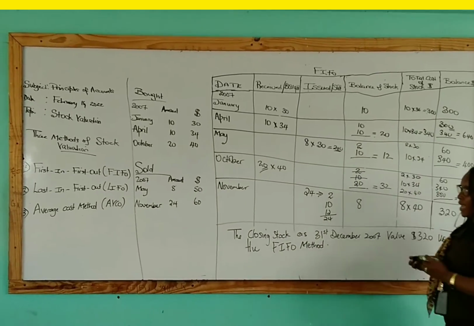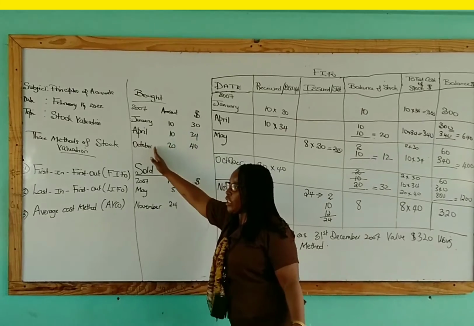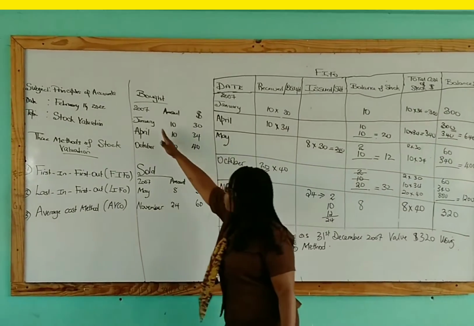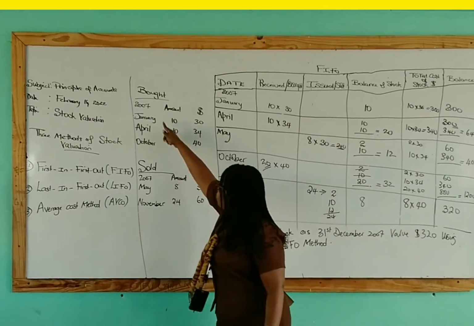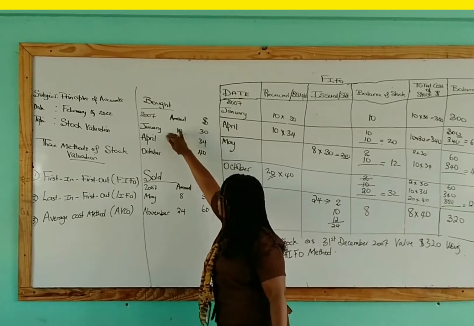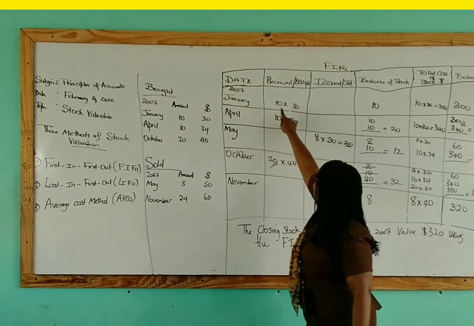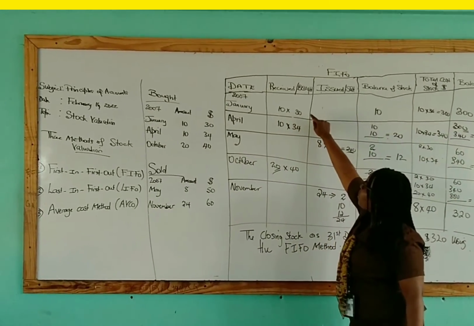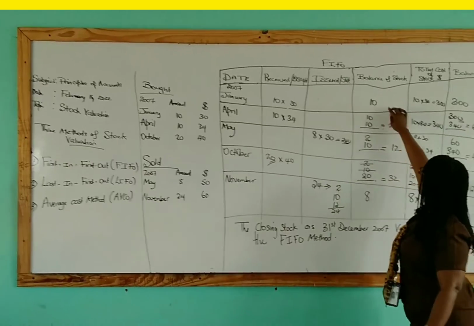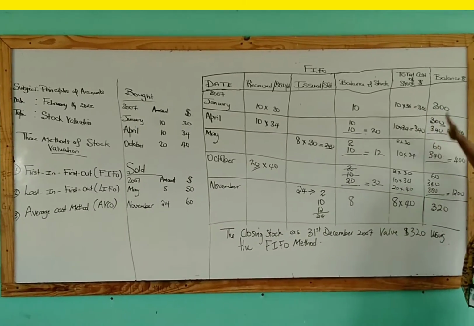Thank you. So remember, you follow the order in which you were taught, the month of the year. So you have to pay attention to where the months are, whether they're on the books or on the sheet, and you do accordingly. So in January we bought 10 at 30, we bring the 10 here, and we bring the calculation here, and our total balance here.